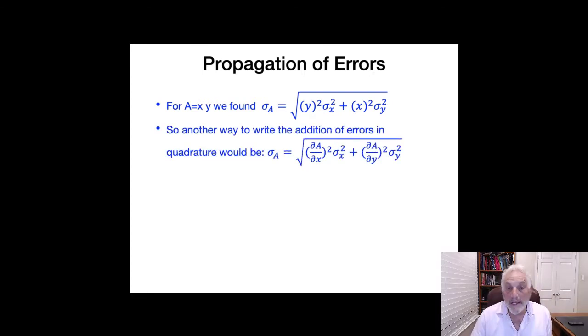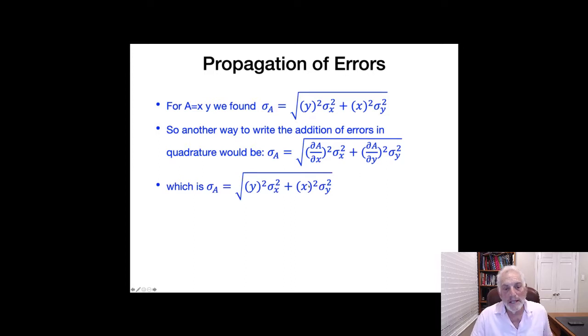We can say that sigma A is the square root of the partial of A with respect to x squared, which is, as we remember, y, and the partial of A with respect to y squared, which we got was x, times sigma x. Notice that writing it this way with the partial derivatives is exactly equivalent to writing it the way we wrote it the first time, because the partial of A with respect to x is y, and the same with x and x squared.